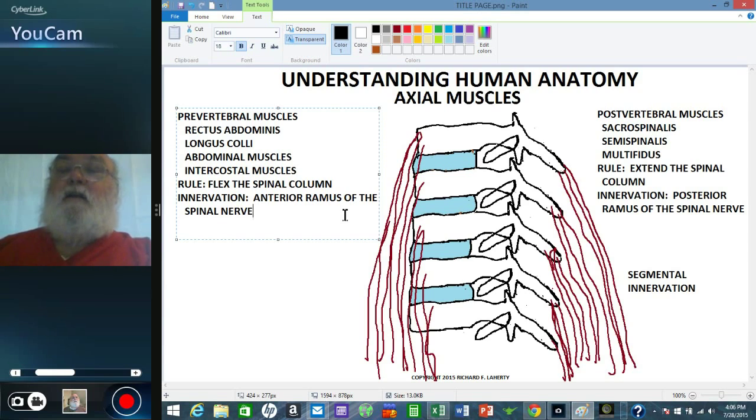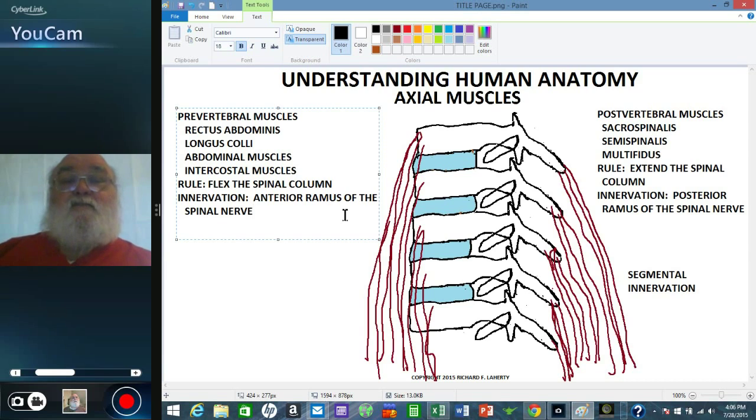So again, segmental innervation, but the prevertebral muscles are flexors. They're innervated by the anterior ramus. Postvertebral muscles are extensors. They are innervated by the posterior ramus of the spinal nerve.